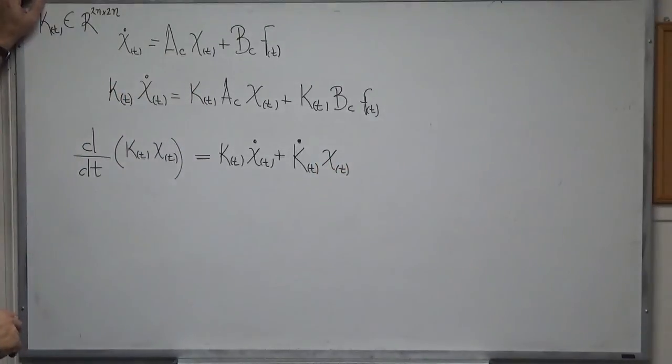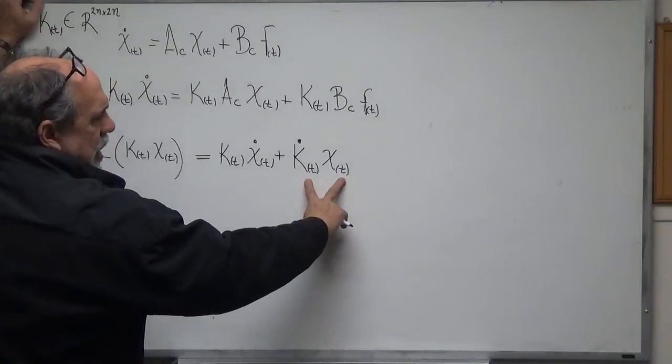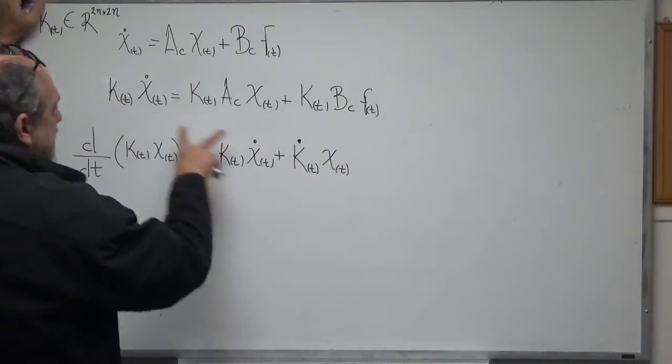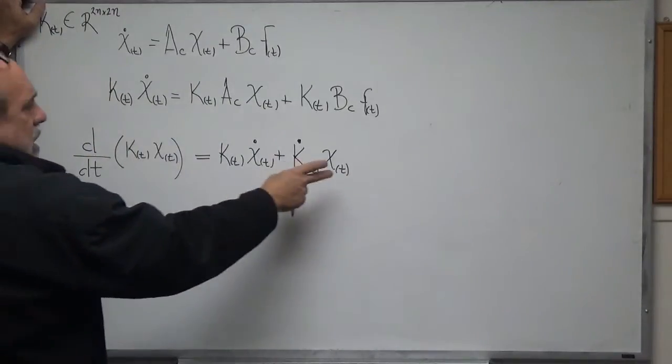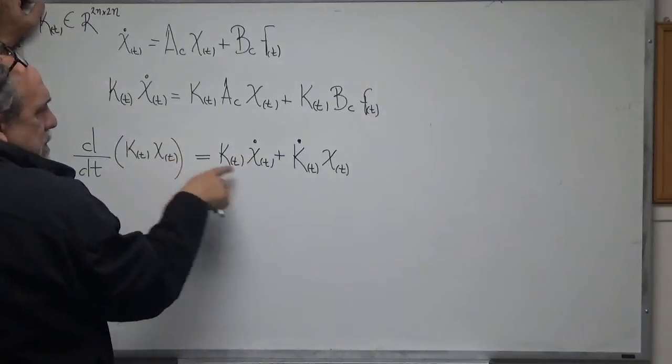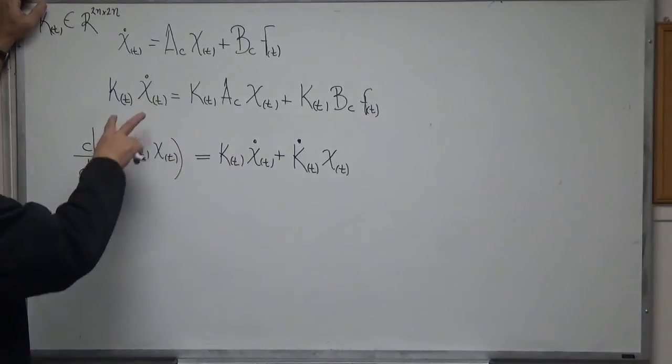So that's what that will be. Now I recognize this term here, K dot of t times X of t is this guy. Therefore, what I want to do is write this term as this minus this, okay?